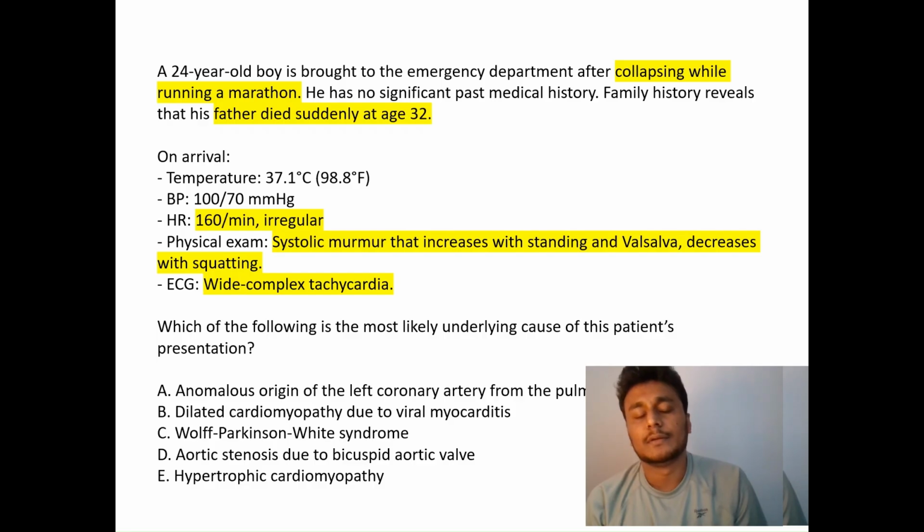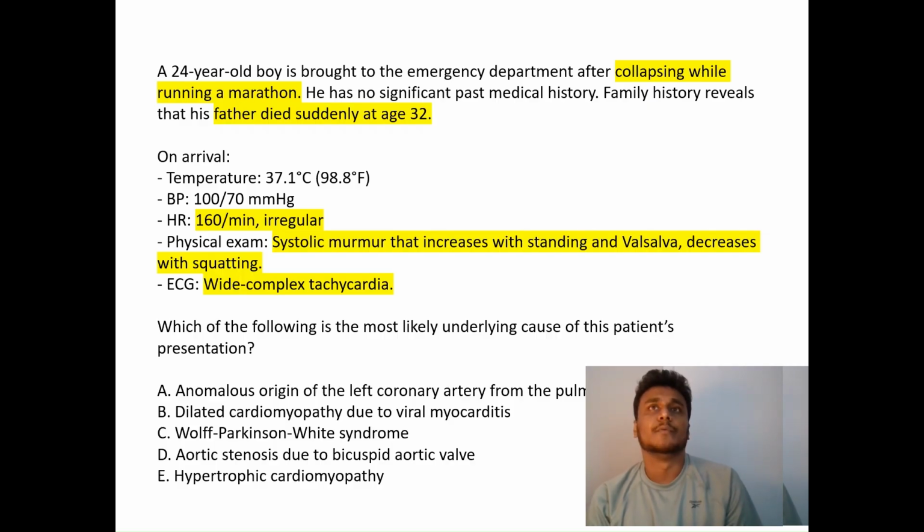So think of it this way. When the patient is standing and when the patient is undergoing Valsalva maneuver, or Valsalva maneuver is nothing but increased pressure in the abdomen and the chest, the amount of blood is low in the heart, both while standing and during Valsalva maneuvers. So the intensity of this murmur is increasing while the blood is exiting the heart, and it is increasing when the amount of blood is low.